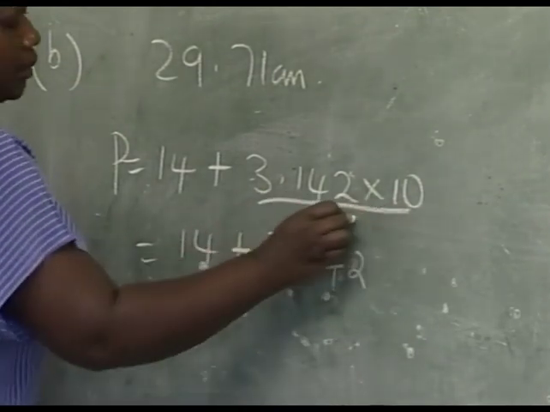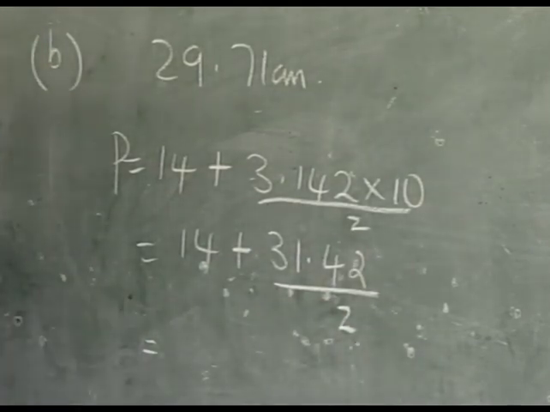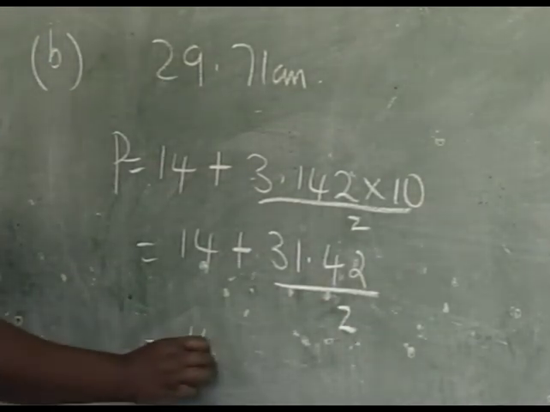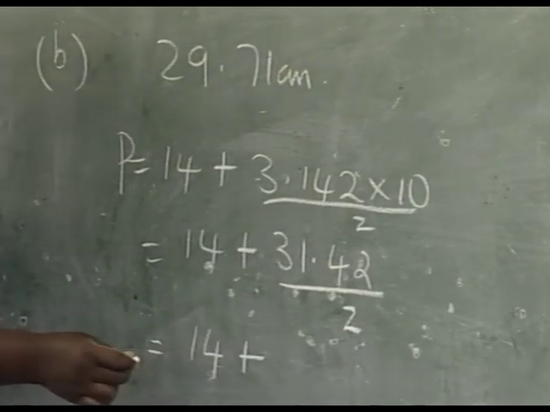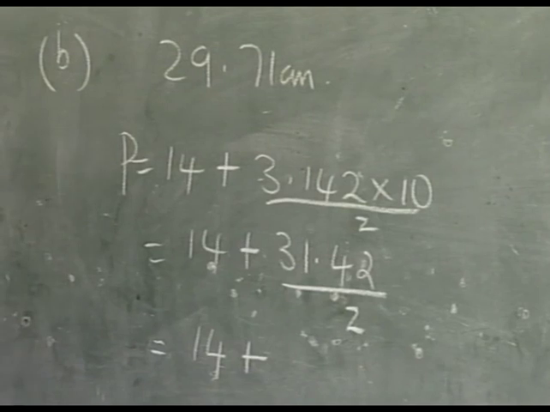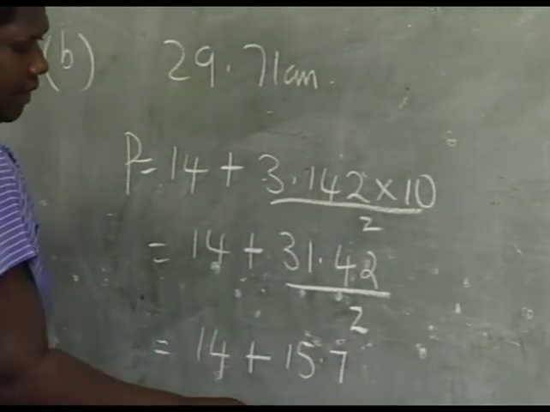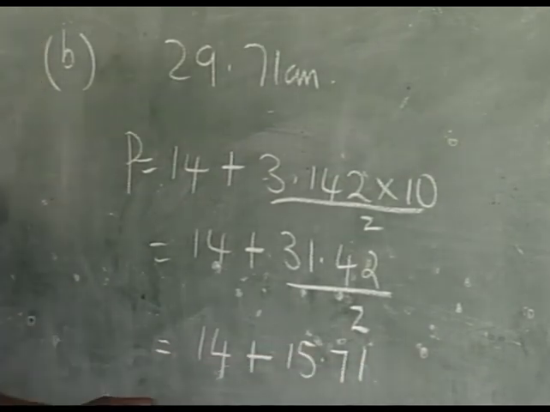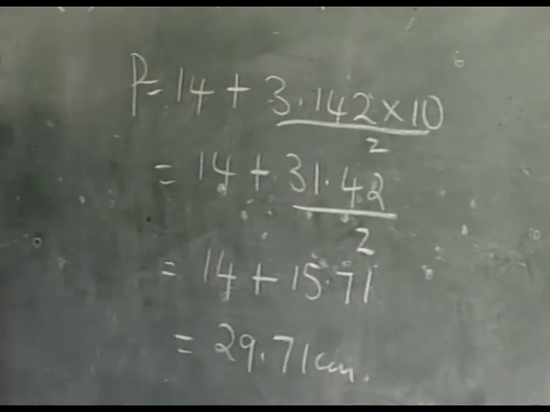Sorry, I'm supposed to divide by 2. Okay, which is 14 plus, what's 31.42 divided by 2? 15.71. Okay, so 29.71 centimeters.